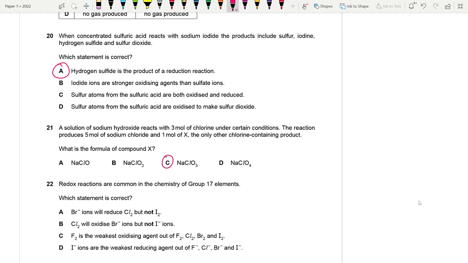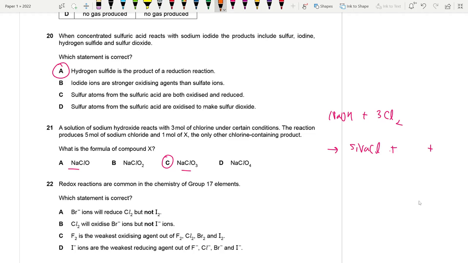The answer should be C. There are two possible answers in this scenario, A and C. So for this particular scenario, this is in hot NaOH. Hot NaOH reacts with 3 moles of chlorine, and this is a disproportionation reaction to form 5 moles of sodium chloride, right? 1 mole of X and 1 chlorine containing product.